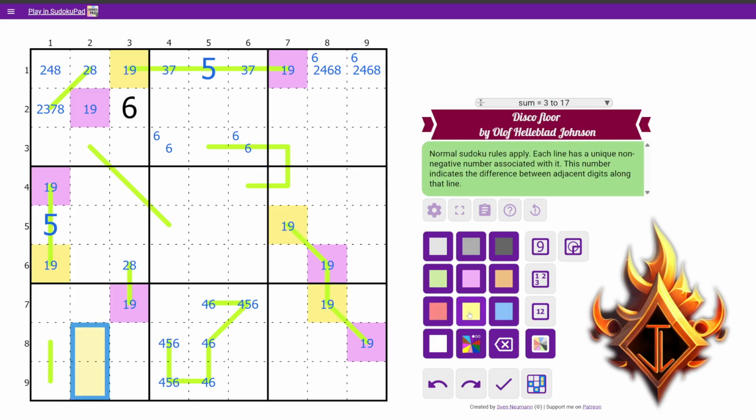Perhaps yellow is going here. Pink, it could go down. It could be on this line as well. Pink is going in one of those. Yellow on this side, one of those.